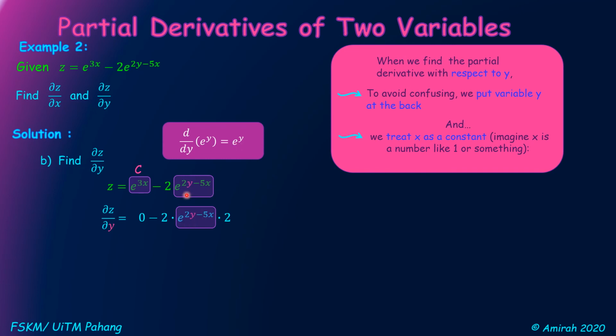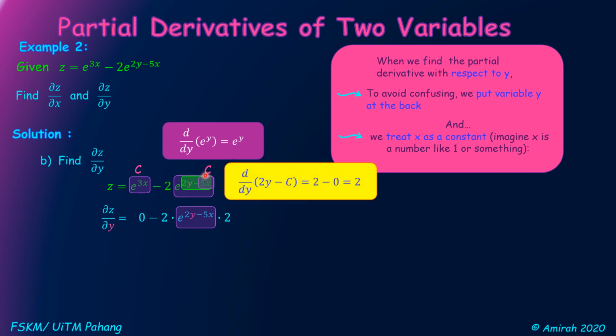So we get back e to the power of 2y minus 5x. And then we differentiate the exponent, 2y minus 5x. x we treat as a constant, so 5x is also constant.